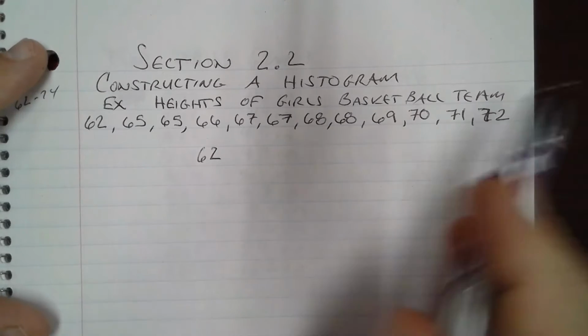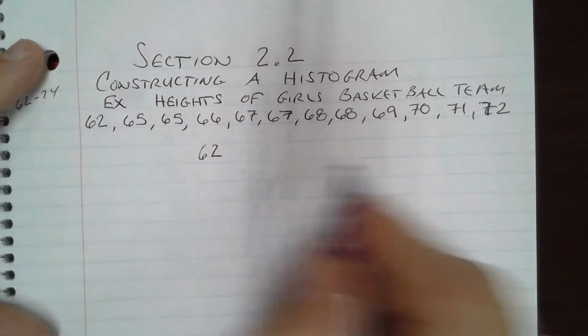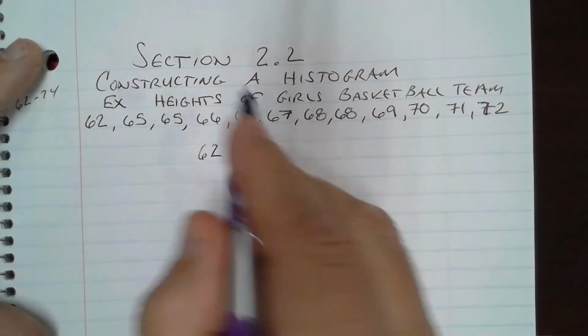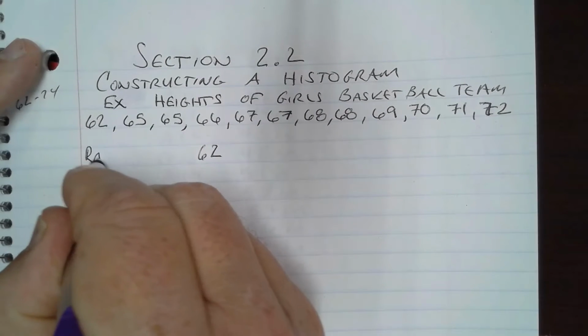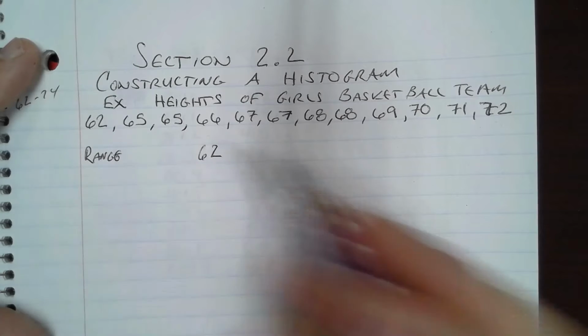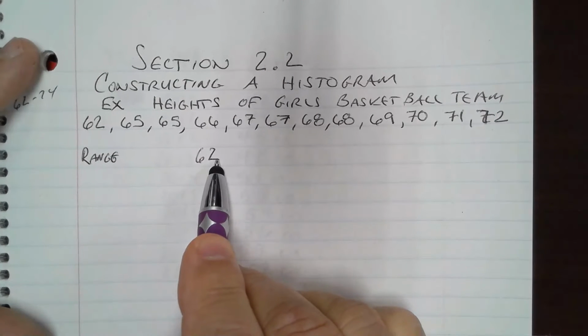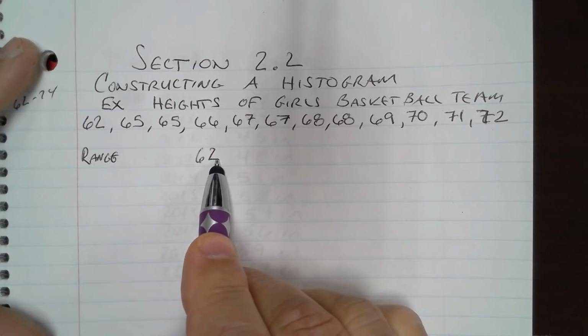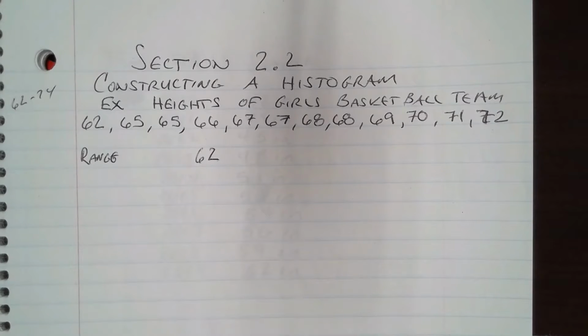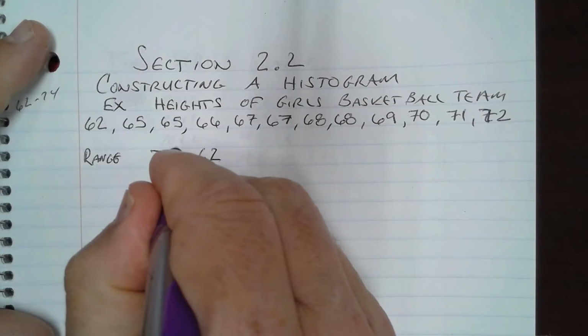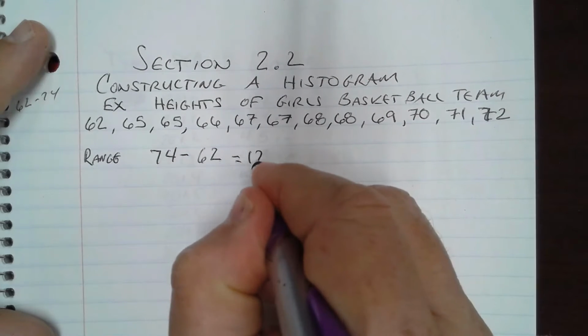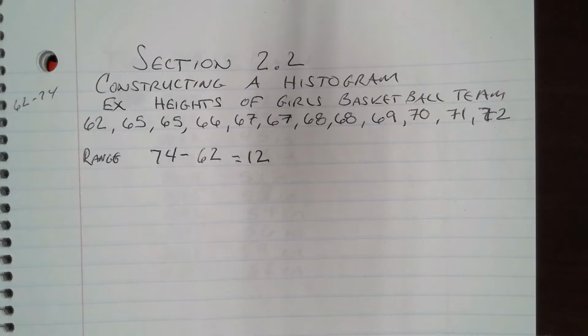If I'm doing 6, I need to find the range of my data. If it's 72 and 62, what's the range? 10, right? Is 10 divisible by 6? No. 10 is not divisible by 6. Instead, I'm going to move up to 74.